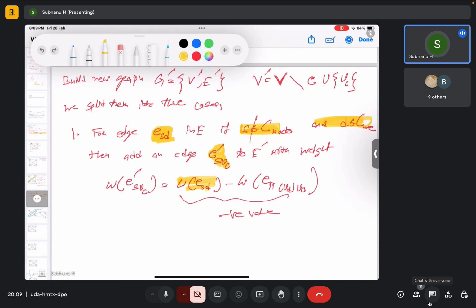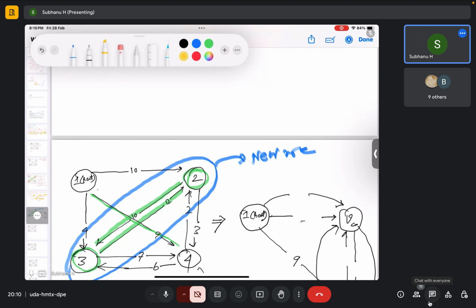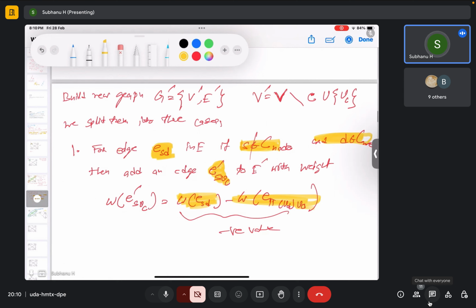So this is W(E,S,D) minus W(E_pi(V),D). This is nothing but, for edge (S,D) in E, if S doesn't belong to C and D belongs to C, then we add an edge E dash, which is BC, with some weight.